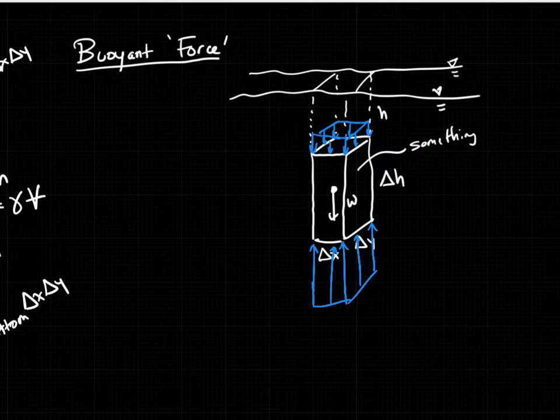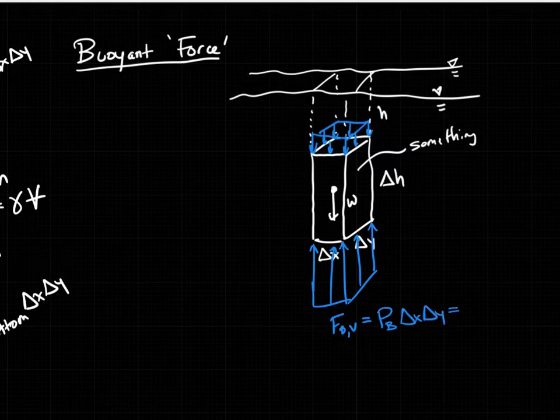So the force on the bottom from the pressure, let's call it force bottom vertical, is going to equal the pressure on the bottom times the area of the bottom, delta x, delta y.